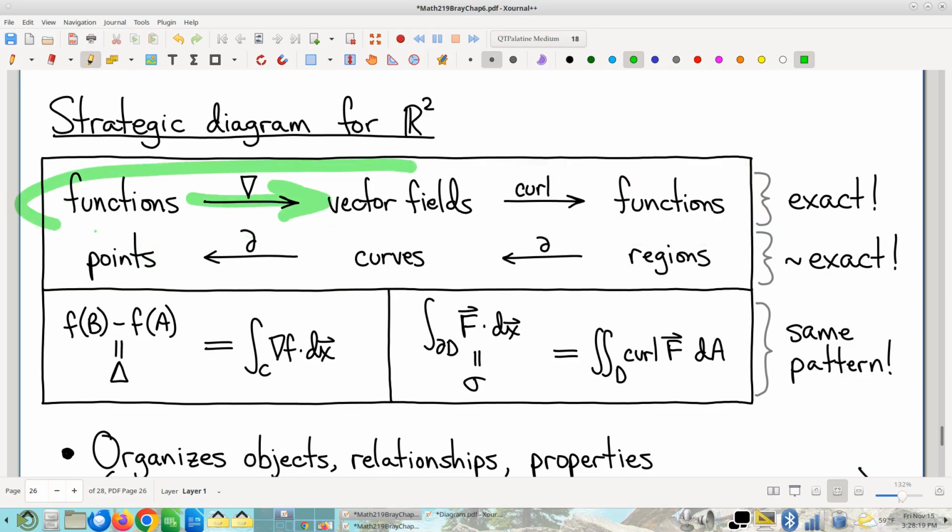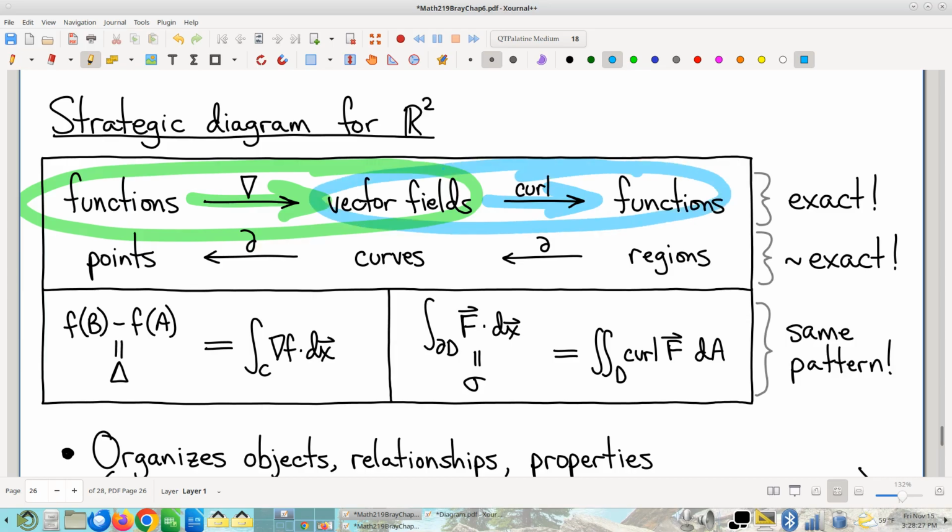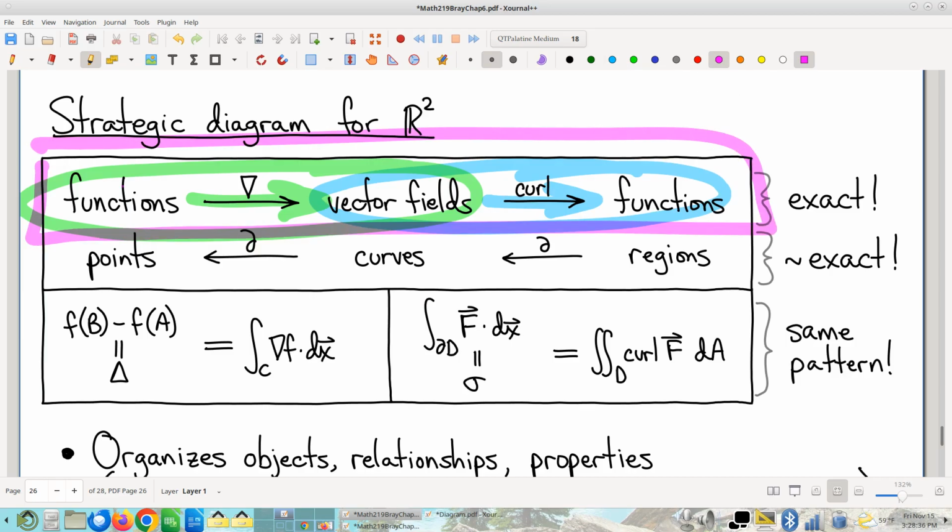Okay. So this is the two-dimensional version of the diagram, and I claim the same thing: that if you take the gradient operator that turns functions into vector fields and the curl operator that turns vector fields into real-valued functions, and you compose them like this, this resulting sequence is what you can call exact. And the easy, convenient, relatable take on this is that everything has a lifetime of 2.